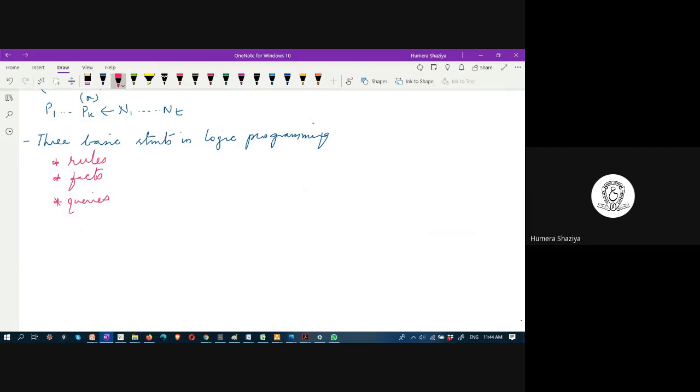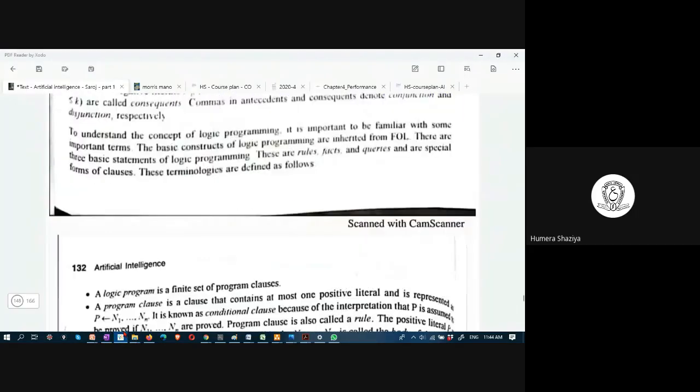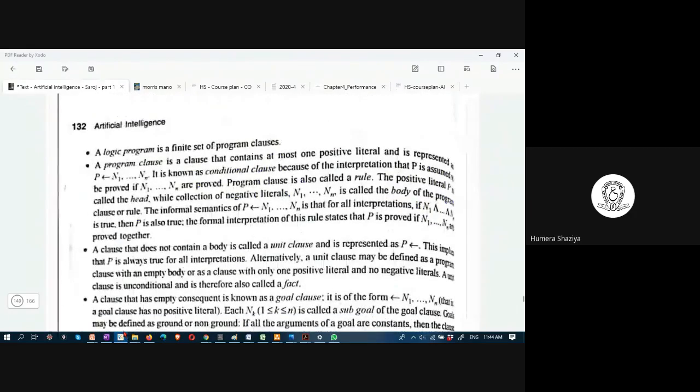And these are known as special form of clauses. A logic program is a finite set of program clauses. Logic program is a finite set of clauses.